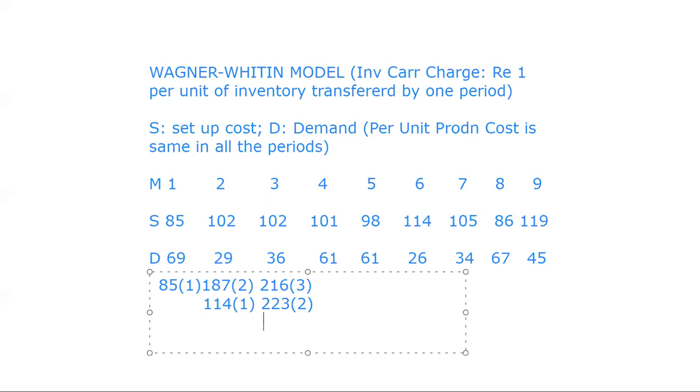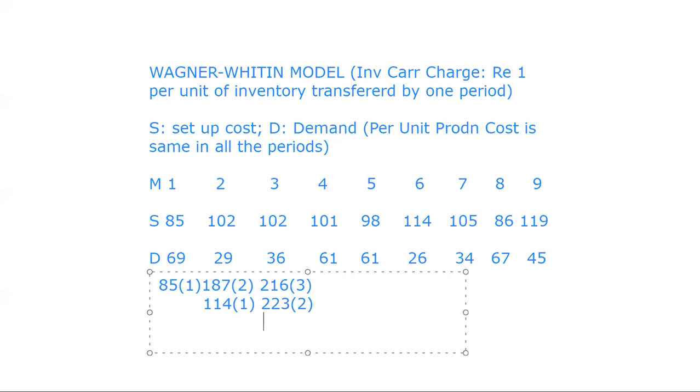Please correct it again. 85 plus 29 plus 36. Plus 36 once more. Plus 36 into 2. Yes, sir. 85 plus 29 plus, oh, 30. Yes, sir.